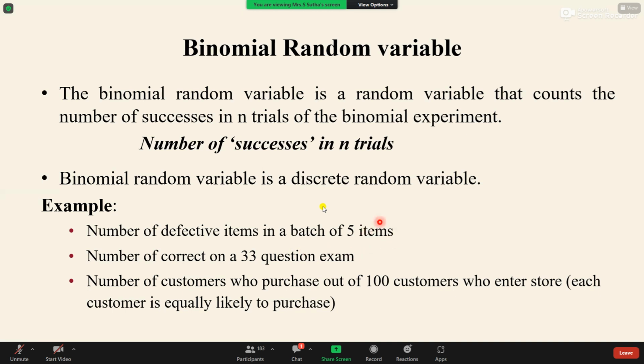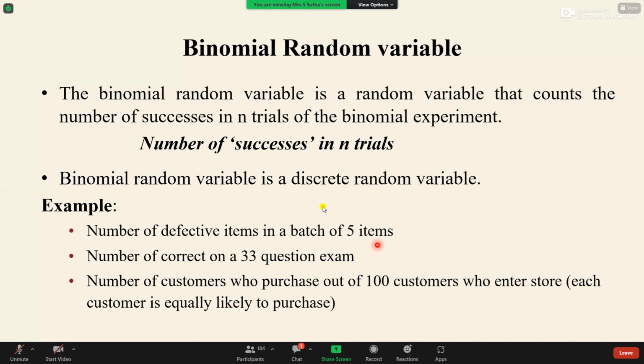We have a production batch, and we take 5 items from it. For each and every item, we want to identify whether it is defective or non-defective. Here we take defective as a success and non-defective as a failure.